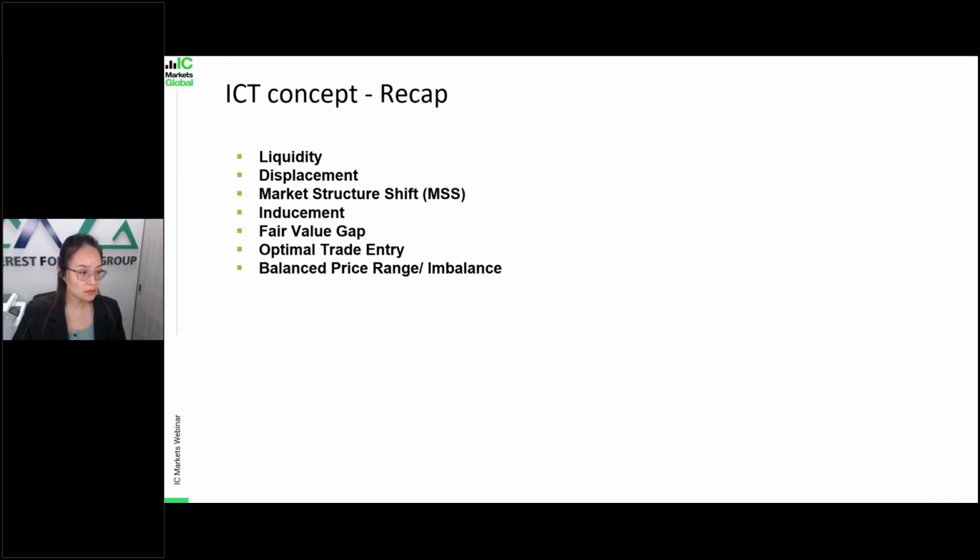It's core, you can see here, and we do inducement, and we have fair value gap as well. If there is a fair value gap, then we have optimal trade entry. I will tell you how to look for all these in TradingView later. And then we have balanced price range or imbalance. Actually, it's the same meaning.